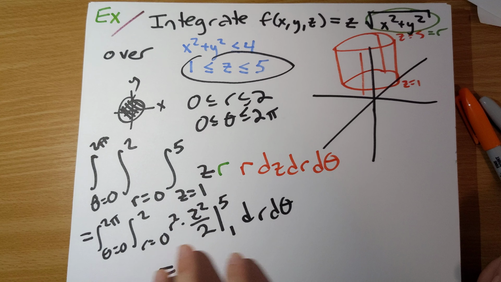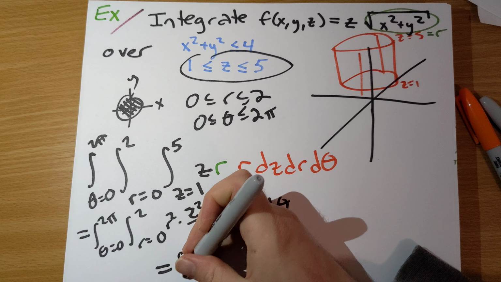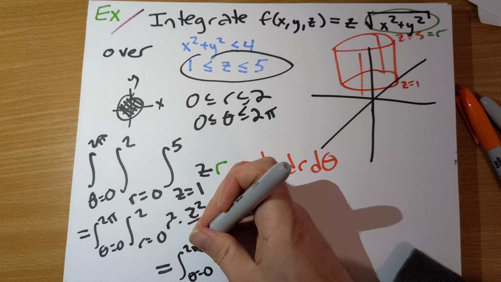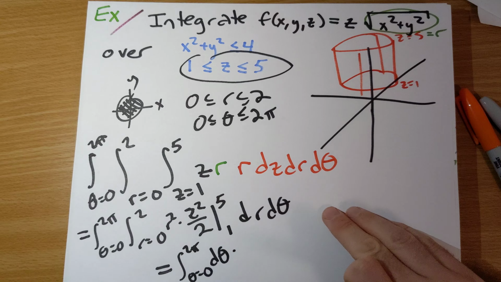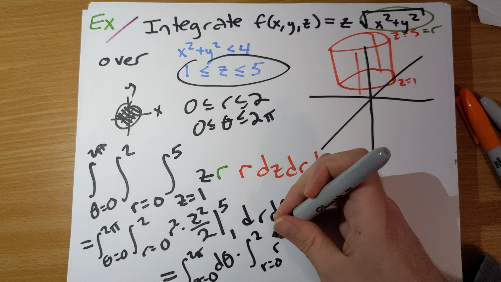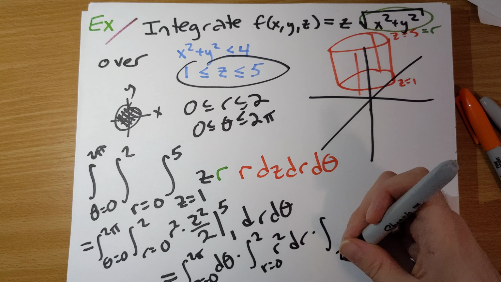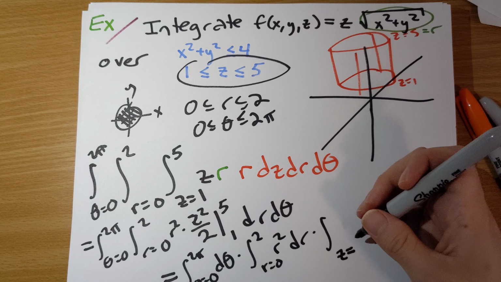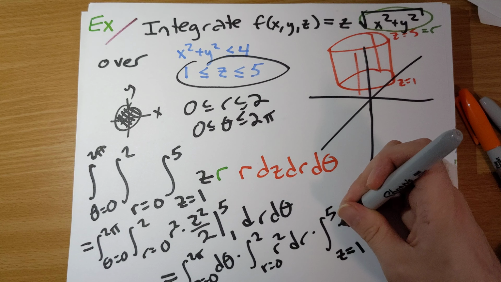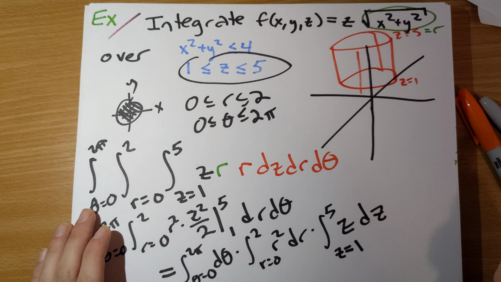And I should point out here, we can actually factor this integral very easily. So theta runs from 0 to 2 pi, d theta, times r runs from 0 to 2, r squared dr. This one breaks apart very easily. I guess I could have just done this for starters.